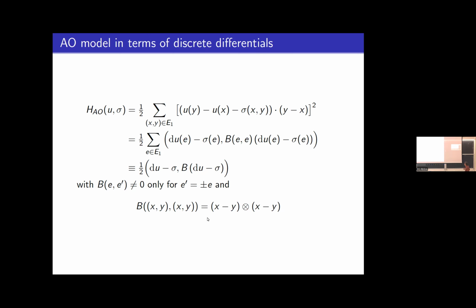So this B is nothing but this x minus y tensor x minus y, as you see from here. So this is a projection. Remember that x minus y has modulus 1. So this is just the projection operator in the direction of the bond xy.